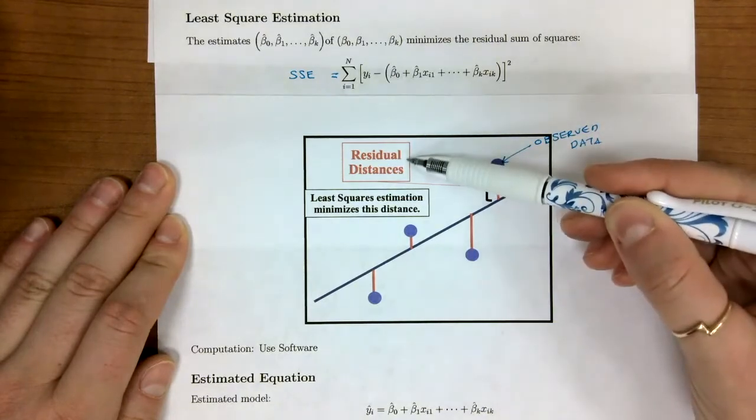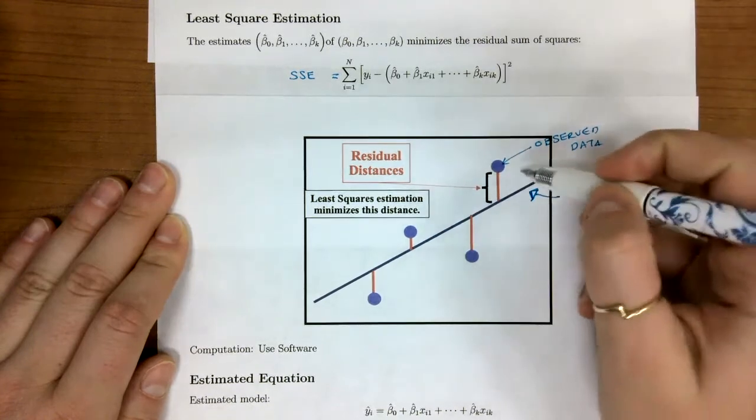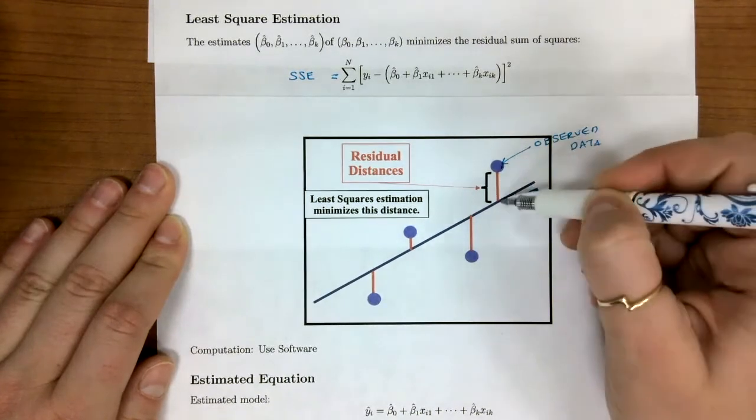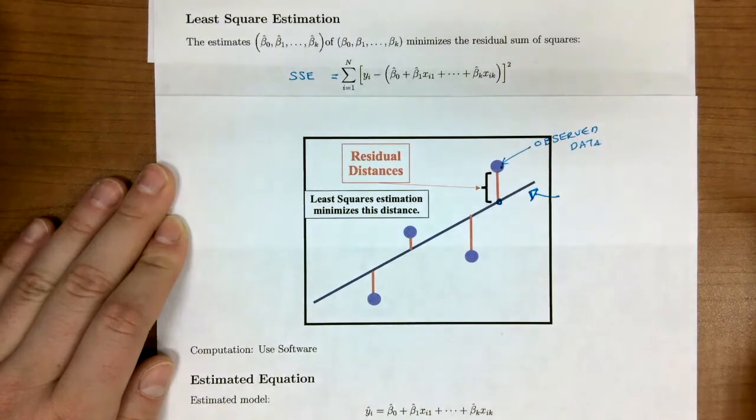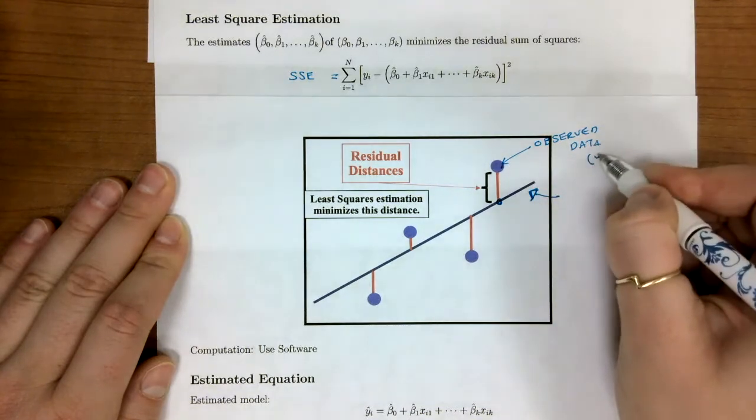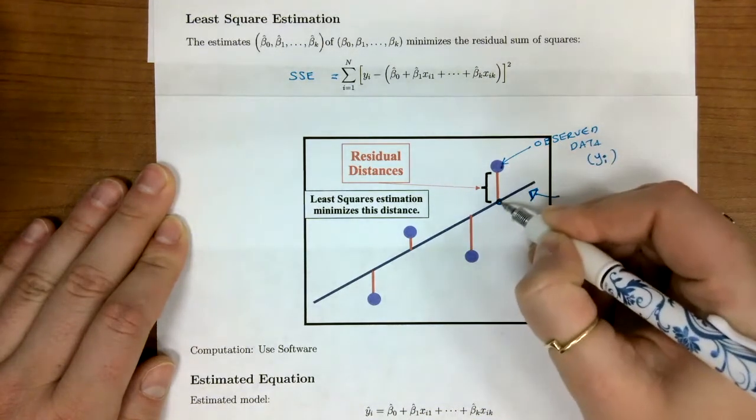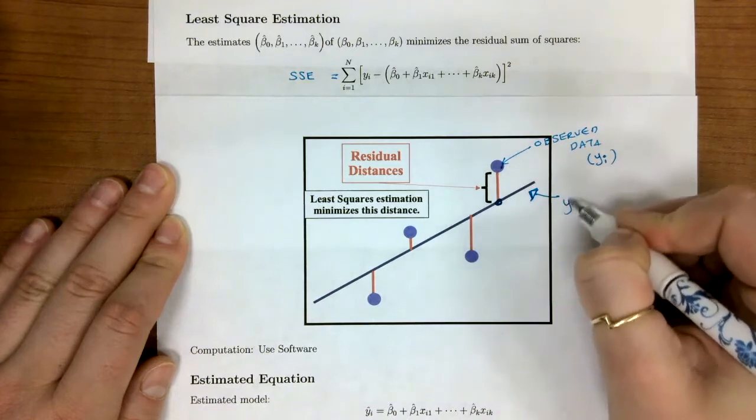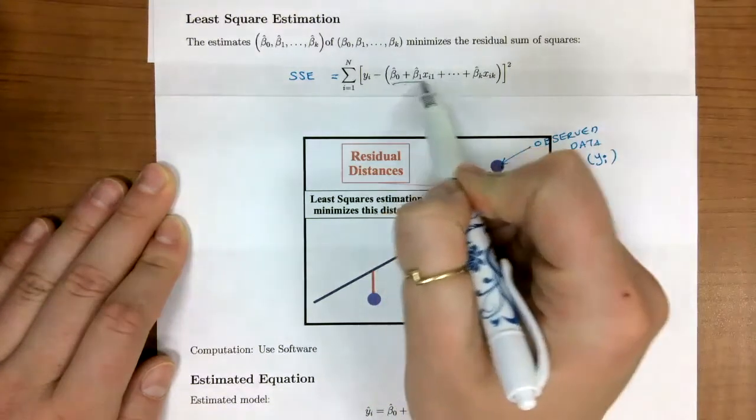The residual distance is defined as the difference between what we observed and what we're going to predict for that point. Our observed would be represented as our yi, and then what we would predict would be represented as y hat i, which is really this right here.